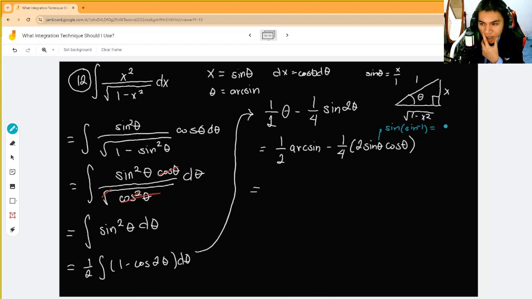Yeah, that would be x right here. And then cosine of arcsine, that would be the adjacent side, right? Yeah, that would be the adjacent side. That is the square root of 1 minus x squared. Yeah, I think so.